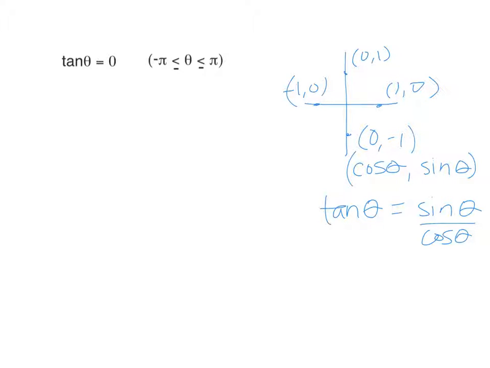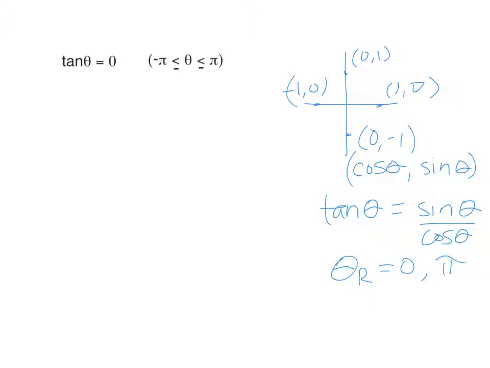Zero, 0 and pi. And 2 pi, maybe, right? But that's not in the domain that we're looking for. So if we're just looking for a reference angle, we could say there's 0 and pi.